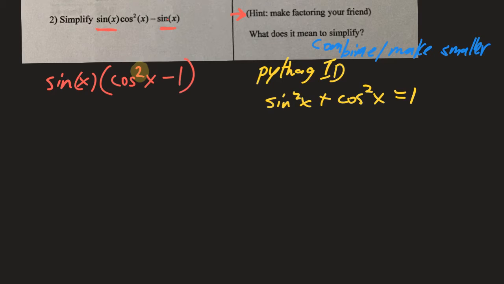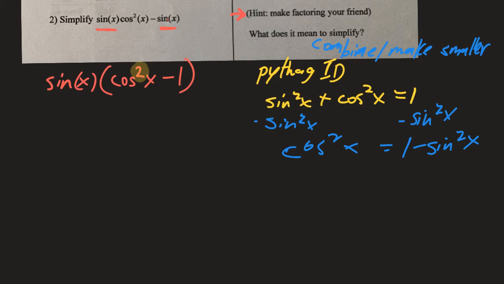So what I'm going to do is get this cosine by itself for a second. Subtract sine squared x, and I've got cosine squared x equals 1 minus sine squared x.